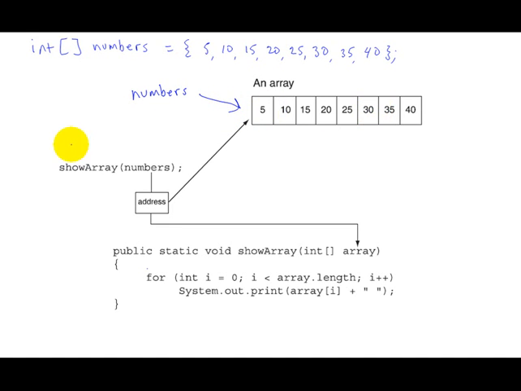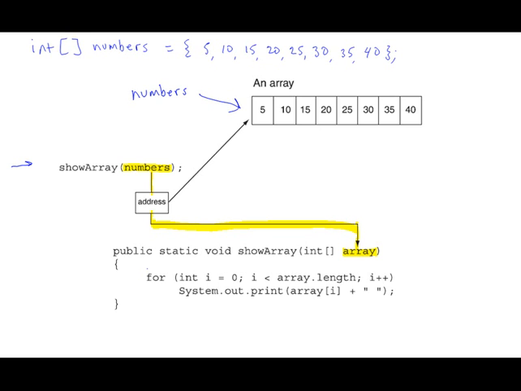Now suppose that in that same program we have this statement. This statement calls the showArray method, and it passes numbers as an argument. So what happens there is that the address of the array is passed as an argument into the array parameter that is here in the showArray method.